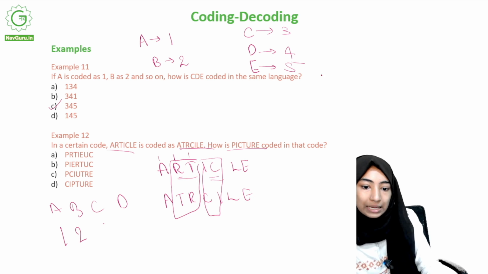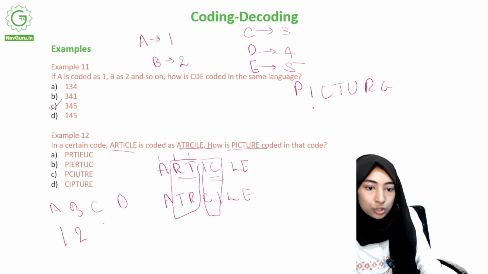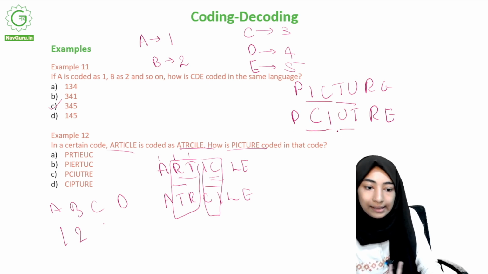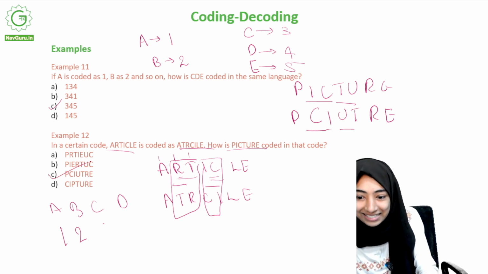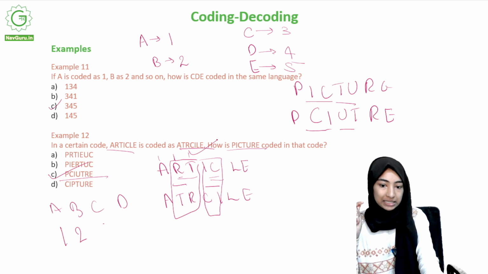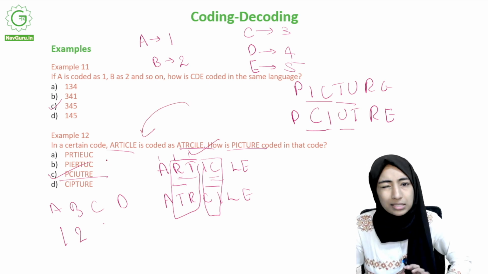So in the same way, if you code picture, you swap it at these two positions. The rest you keep as it is. So you've just swapped these two positions because this is what happened here, right? So you get PCI, utre, whatever. So that is this one. So you have gotten this. So just look at what kind of rearrangement has taken place. Apply the same rearrangement and that's how you get the answer. It's as simple as that, okay?